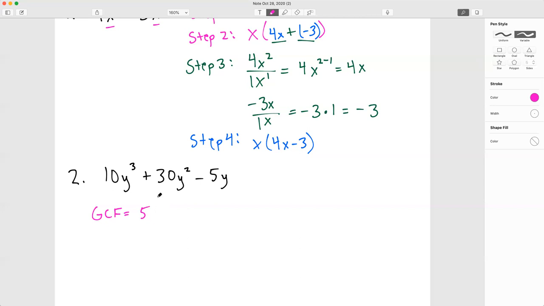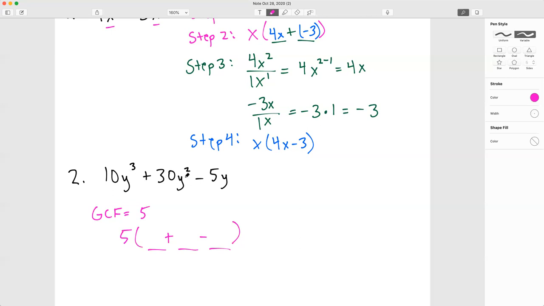Then what we want to do is put that 5 out in front. Actually, I'm going to go to the next step here. So put the 5 out in front. And then we need to figure out what is going to go here, and then here, and then here. There's going to be a plus sign here and then a minus sign here, corresponding to the plus sign and the minus sign there. Oh, actually, sorry, I'm getting ahead of myself.